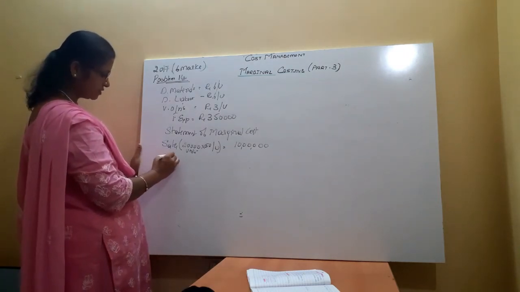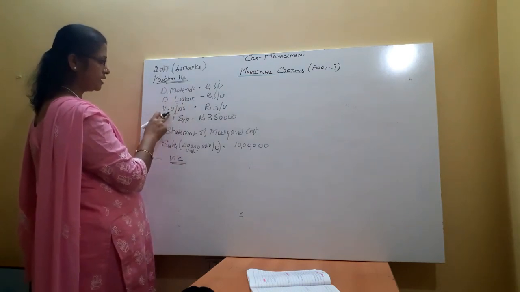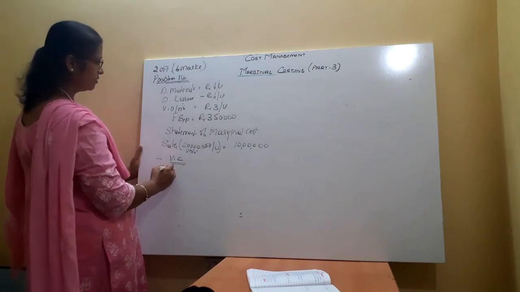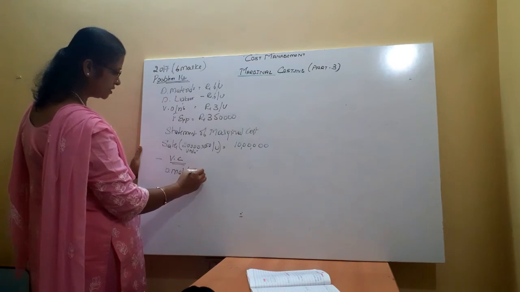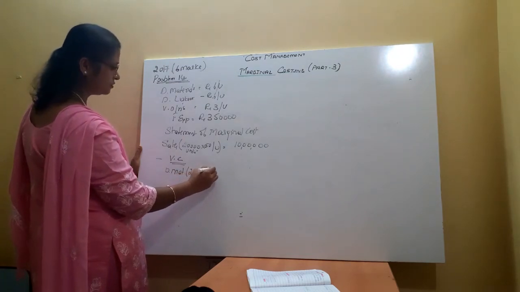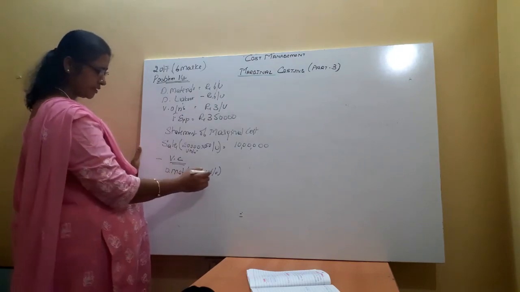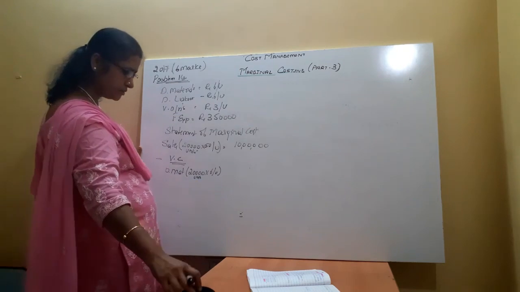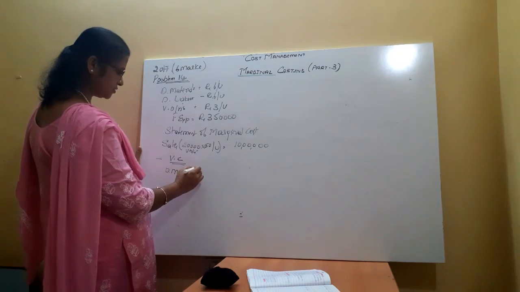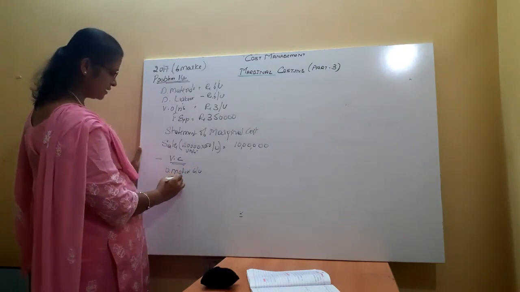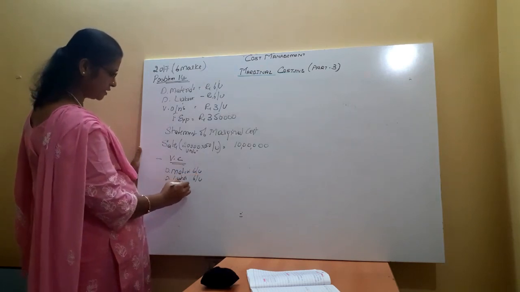So from this we have to reduce the variable cost. Now variable cost we have direct material, direct labor and variable overheads. So first let us take the direct material, 20,000 units into 6 per unit. Otherwise, we can also do it together. Material 6 rupees per unit, direct labor 6 rupees per unit, variable overheads 3 per unit.